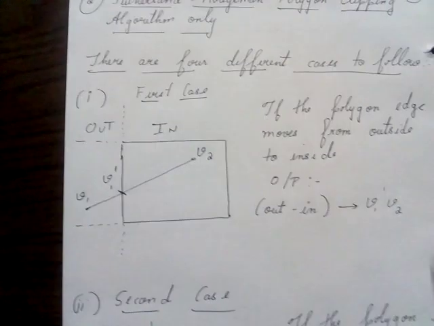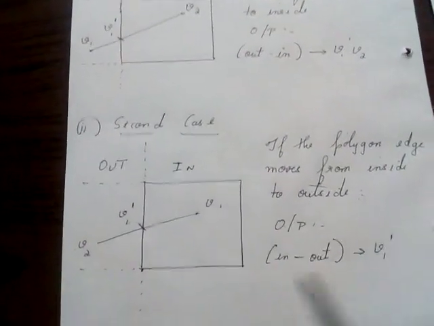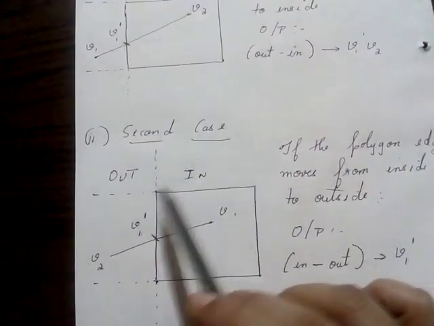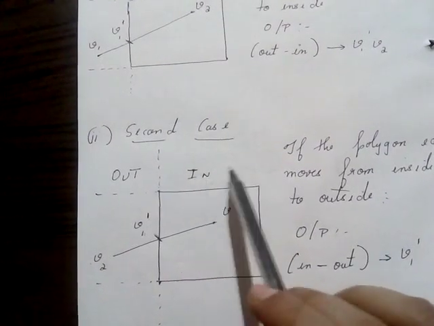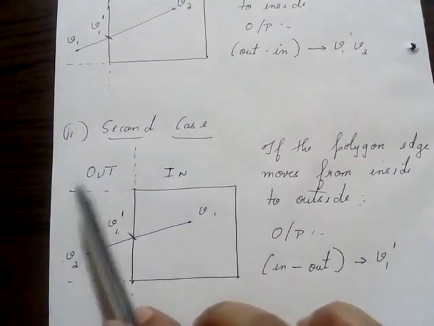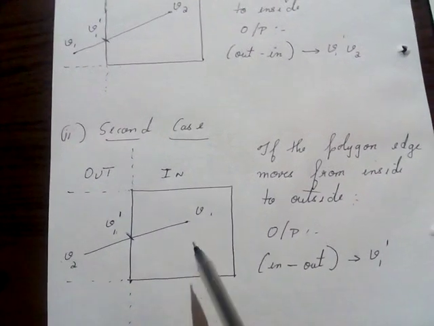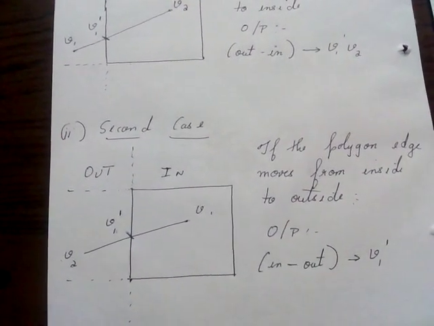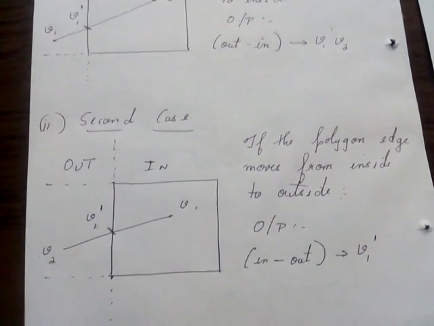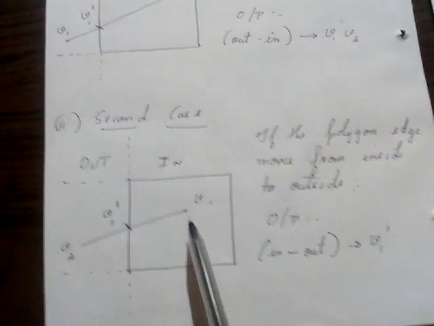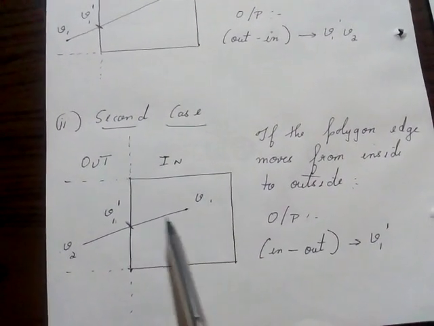This is the first case. In the second case, we have the same window. This portion is inside, this portion is outside. The edge of the polygon v1 to v2 is moving from inside to outside.